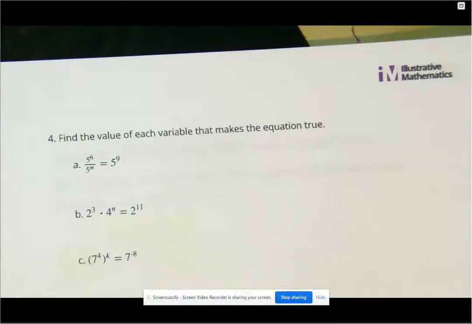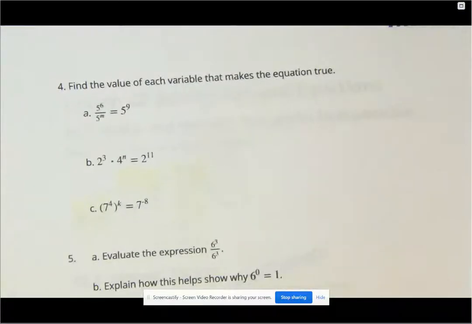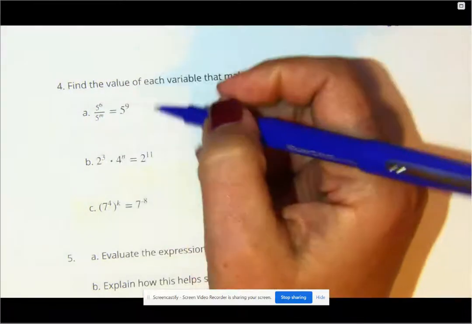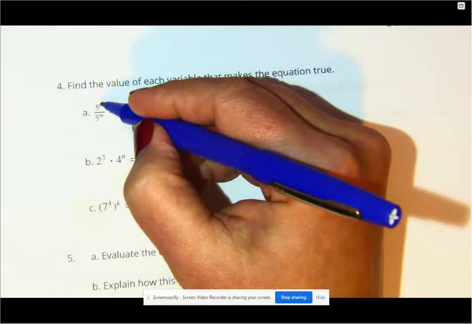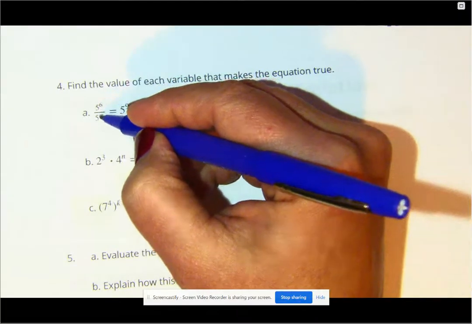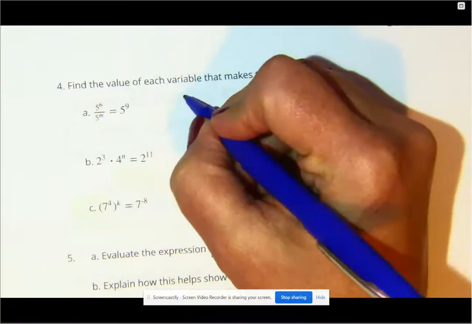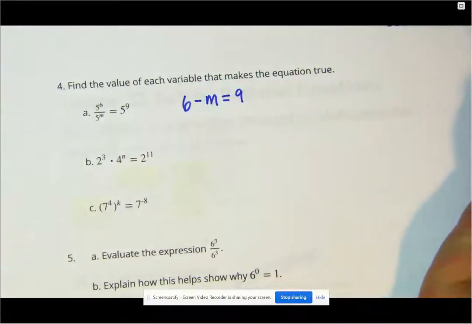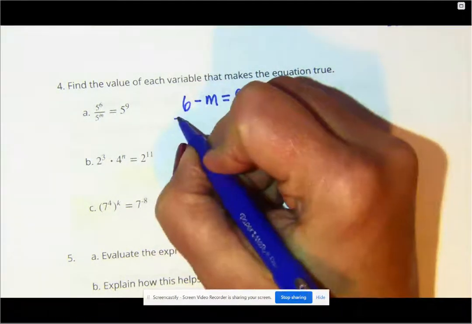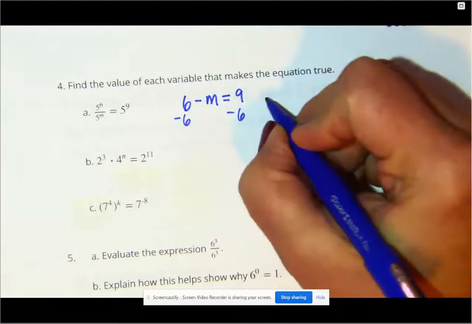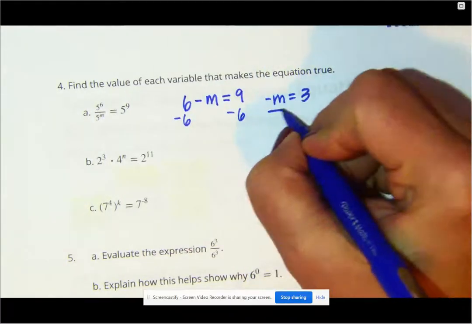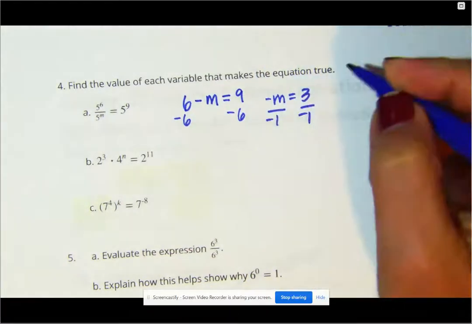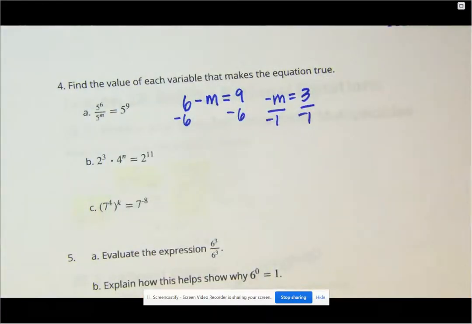Number 4, find the value of each variable that makes the equation true. So 6 take away something made 9. Subtract 6. Divide by -1. m was -3.